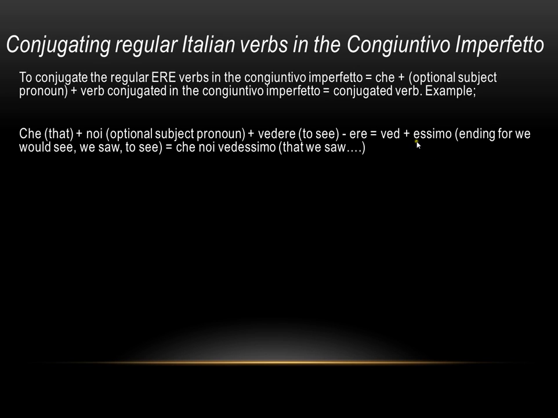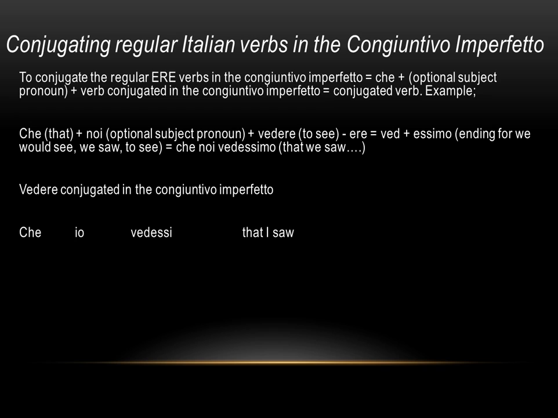If you remember, for the -are verb, it was -assimo. It's exactly the same, except we replaced the a with an e. So this is the ending for we would see, we saw, or to see. Hence, che noi vedessimo, that we saw. Vedere, conjugated in the congiuntivo imperfetto, is che io vedessi, that I saw.